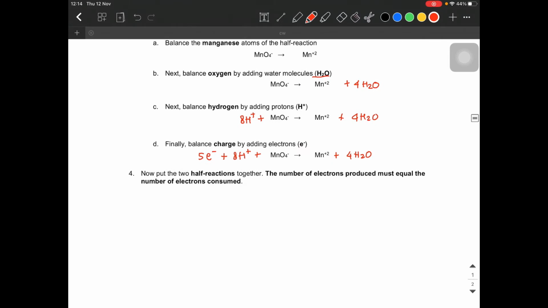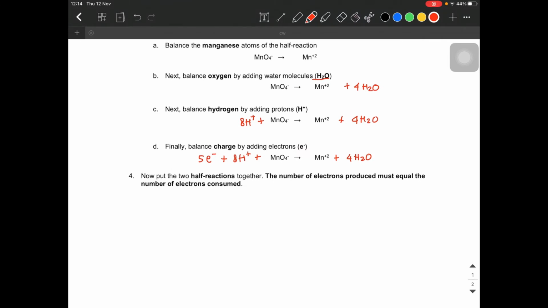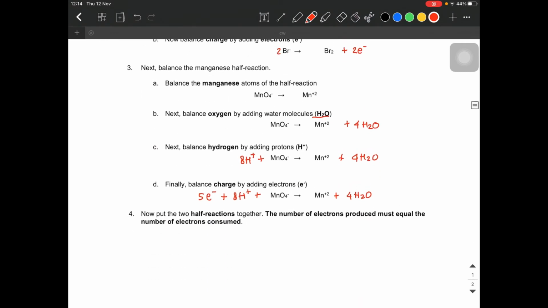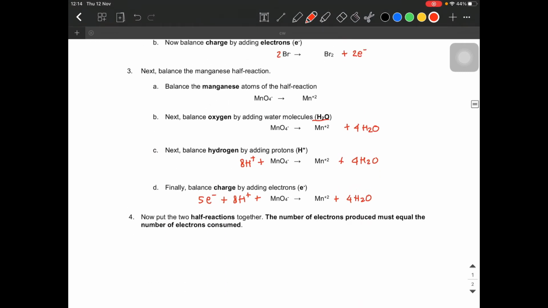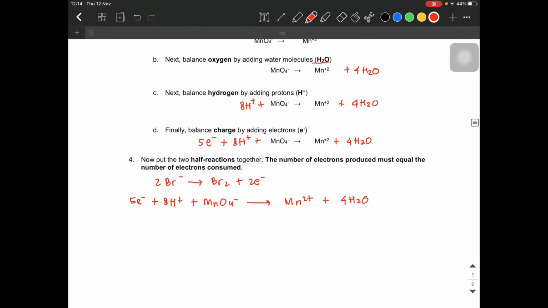Now it's time to put those two balanced half equations into one frame. So 2 Br minus becomes Br2 plus 2 electrons, and 5 electrons plus 8 H plus plus MnO4 minus becomes Mn2 plus plus 4 H2O. What does it mean by the electrons at the right and at the left here?